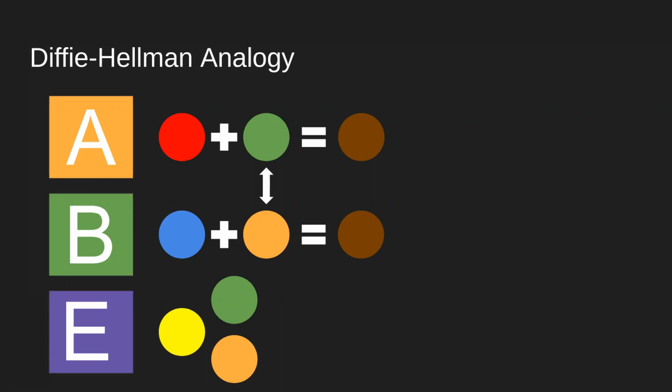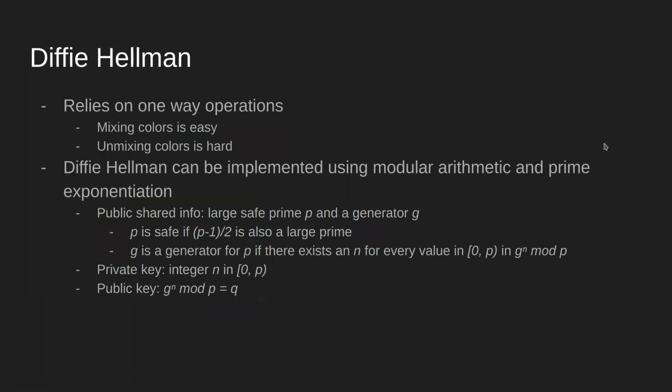So given green, one might know that blue and yellow make up green, but the assumption in this analogy is that Eve cannot take green and figure out exactly what blue and yellow went into making it. Right, so Diffie-Hellman relies on what's called a one-way function, also sometimes called trapdoor functions. Essentially, mixing colors is easy, unmixing colors is hard.